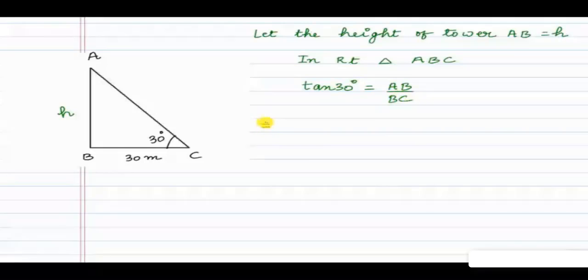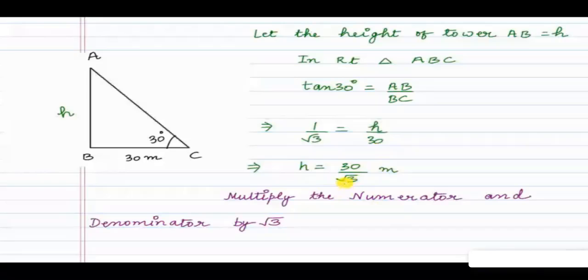We know that tan 30 degrees is equal to 1 by root 3, which is equal to, in place of AB we can write h, divided by BC, which is given to be 30. From cross multiplication we will have h equal to 30 by root 3 meters.